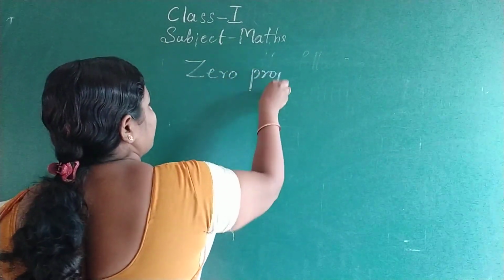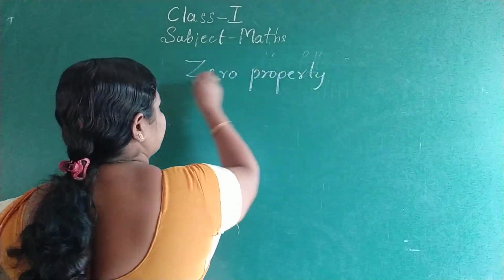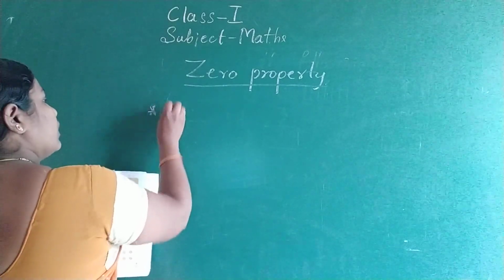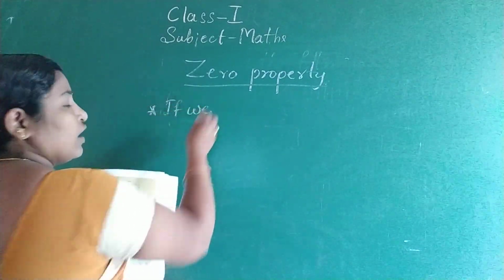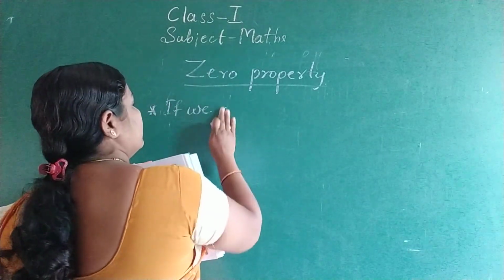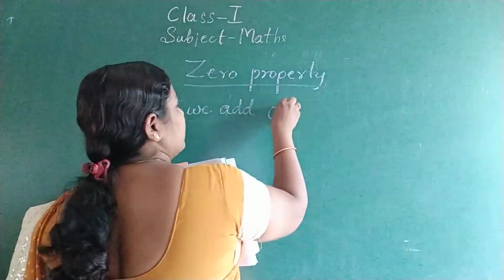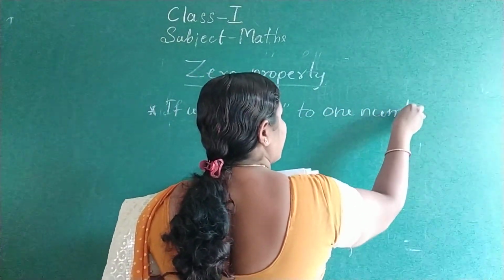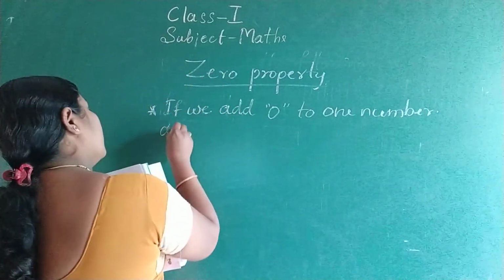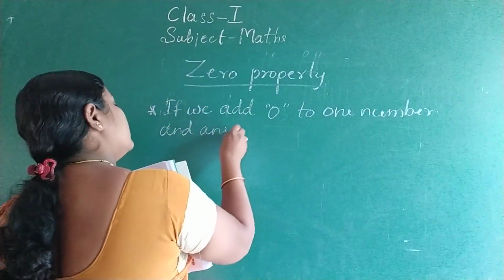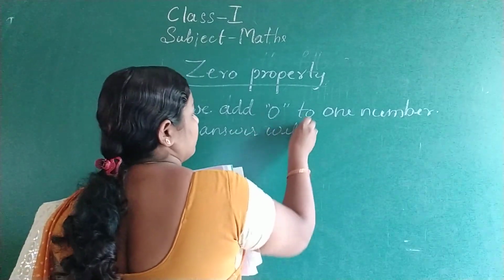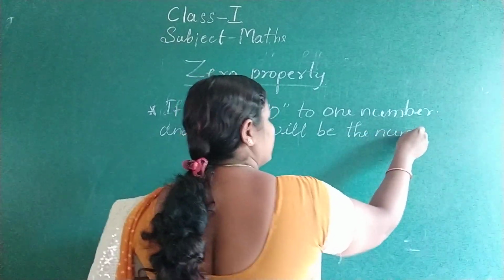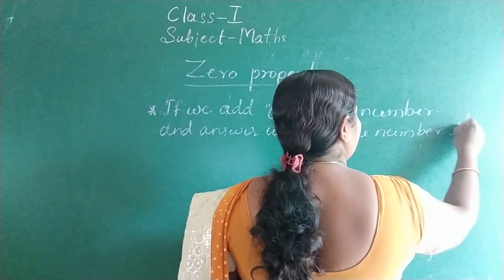Zero property. If we add 0 to a number, we get the number itself.